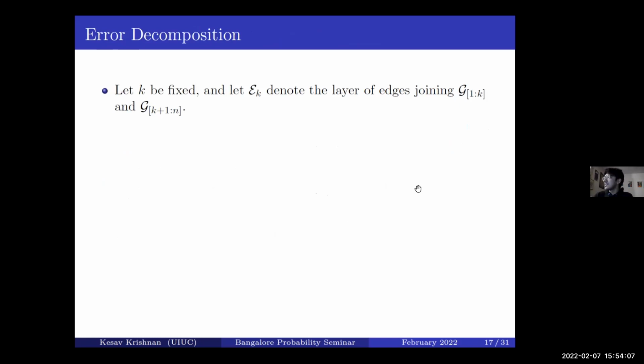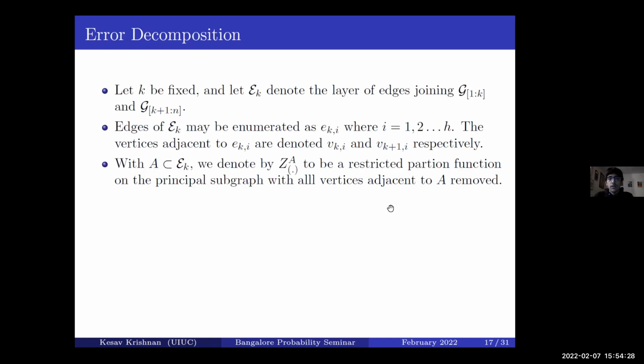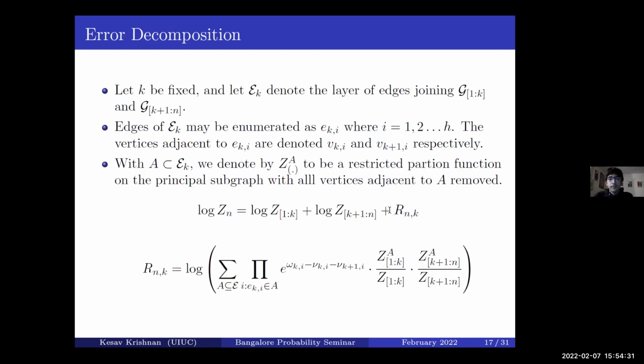And let the script E_K denote the layer of edges joining the section G_1 through K and the section G_K+1 through N. Those can be enumerated based on the vertices of our vertical section graph, based on the vertices of H. And this is the sort of error term that we start accruing. All you're doing here is applying the Hellman and Lieb recursion again and again by removing vertices corresponding to that layer one by one.